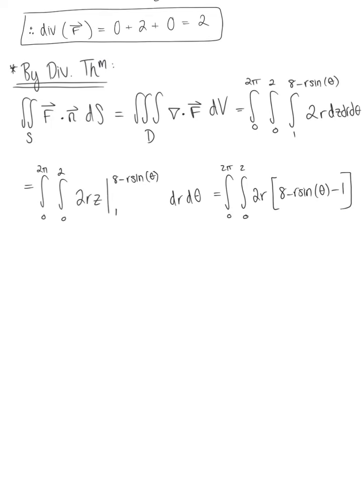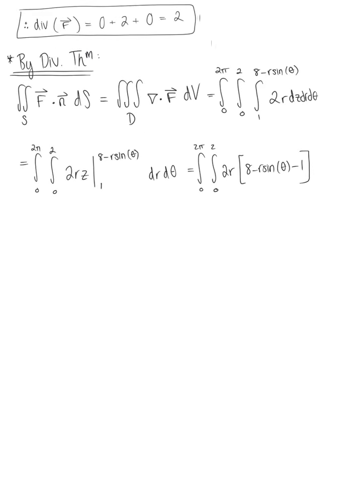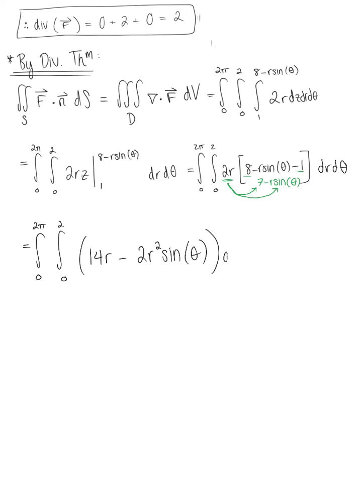And then don't forget your dr d theta on the outside. So let's see, we can simplify this. We'll have 7 minus r sine of theta. And before we can integrate again, we want to be sure to distribute that 2r through to both terms. So we're left with the integral from 0 to 2 pi, the integral from 0 to 2 of 14 times the radius minus 2 times the radius squared sine of theta dr d theta.